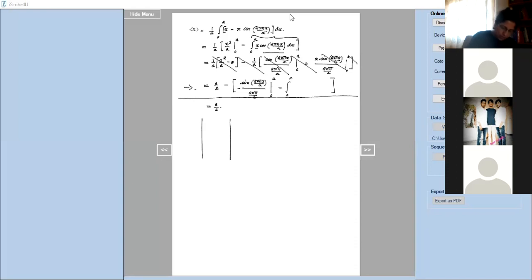Please think about what your wave function is. Let us say this is 0 and a, or you could take it from minus a to plus a, it doesn't matter. Let's draw this. The ground state is essentially like this, correct? This is E1.